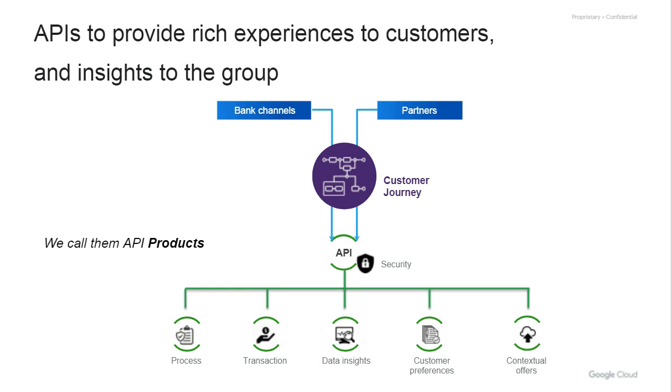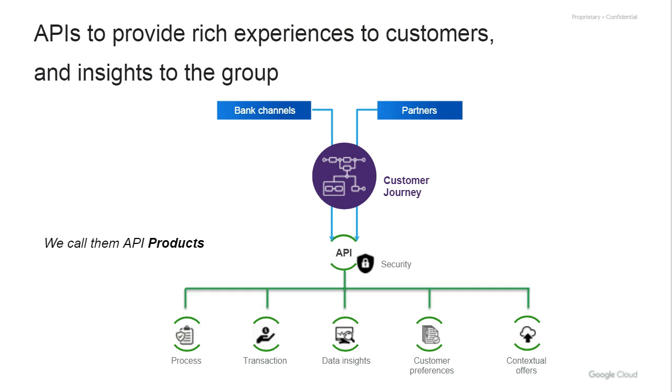We created a team to think about APIs not as integration pieces, but as products, a digital product that should be carefully designed, starting with the customer journey we want to expose, the customer journey we're planning for our customers or the customers of our partners, and how we align all these technology pieces to this journey.